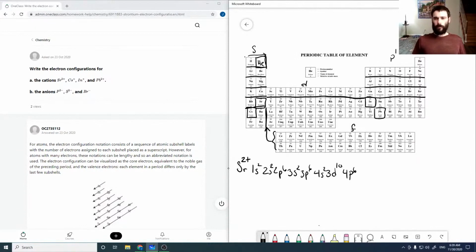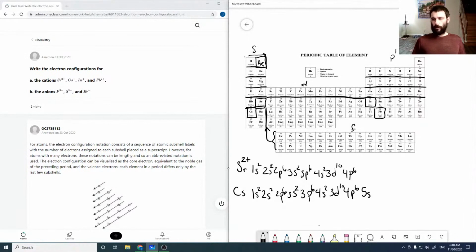Now repeating this for cesium, sorry. So again, we've got our 1s2, so cesium's down here, so it's pretty much got the exact same configuration as strontium. 2s2, 2p6, 3s2, or at least it has all the beginnings of strontium, I should say. It's a whole other shell down.